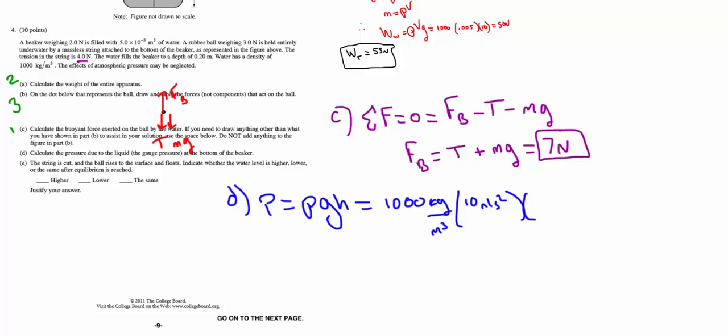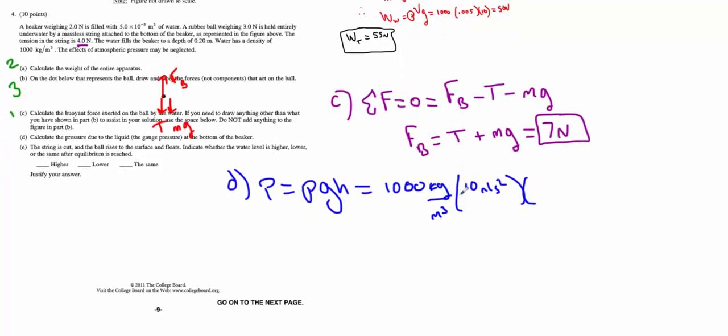And h is the depth of the fluid, which in this example is 0.2 meters. Ends up being 2,000 Pascal, or newtons per square meter, whatever units you're comfortable with. That's 2 points.